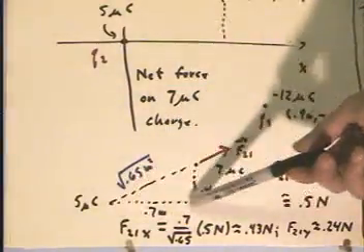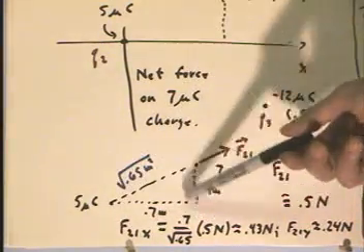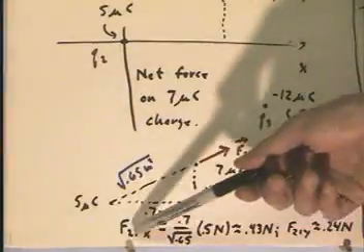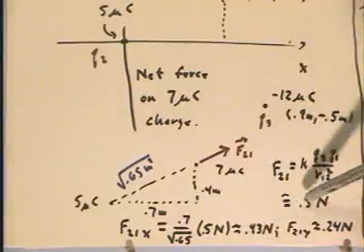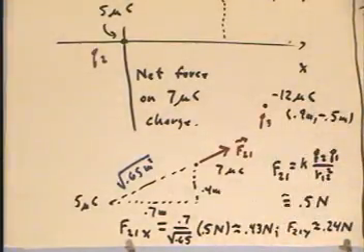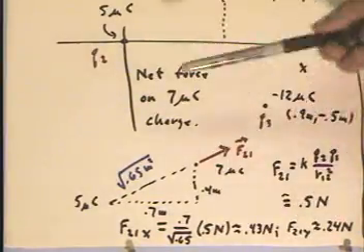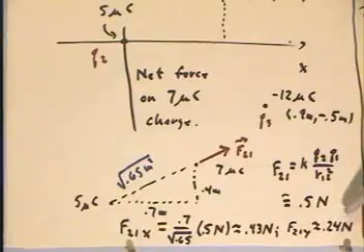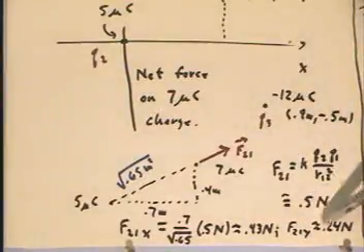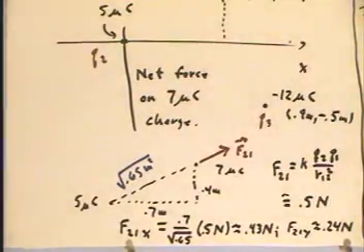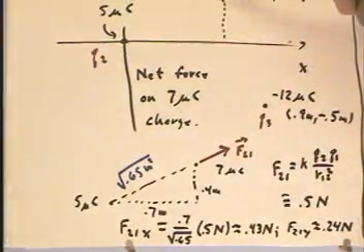The cosine of the angle, of course, we use to get the x component of the force, and the cosine is going to be 0.7 meters over the square root of 0.65. So F21 x is 0.7 over the square root of 0.65 times the 0.5 newton magnitude of the force, or about 0.43 newtons. The F21 y component comes out to be about 0.24 newtons. We get that by taking 0.4 over the square root of 0.65 times the 0.5 newton magnitude. So now we have the x and the y components of the force of Q2 on Q1.